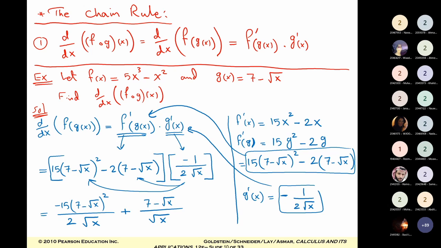Okay, the second rule of the chain rule is for when we have two functions: y with respect to u, and u with respect to x.